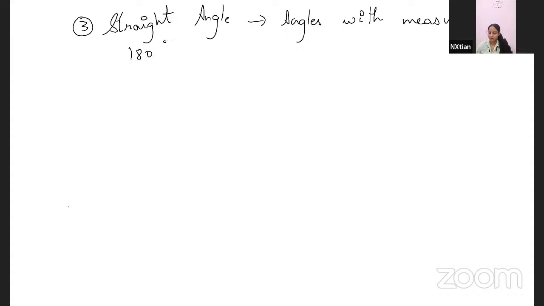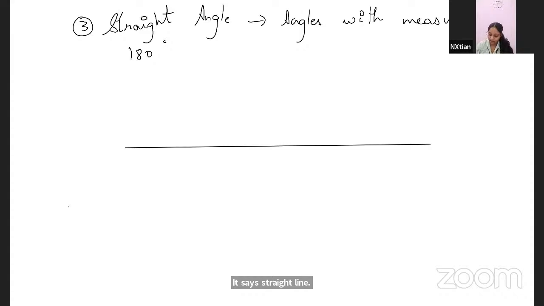Let's see how it's made. This is very simple. It's a straight line. And on this straight line, this is the angle, in the form of a semicircle. This is 180 degrees on a straight line. You can name it.